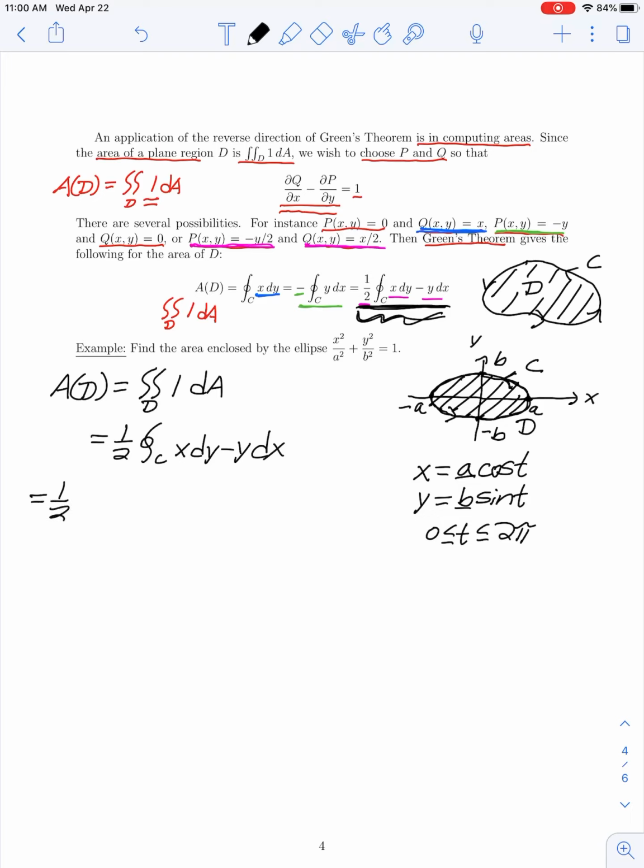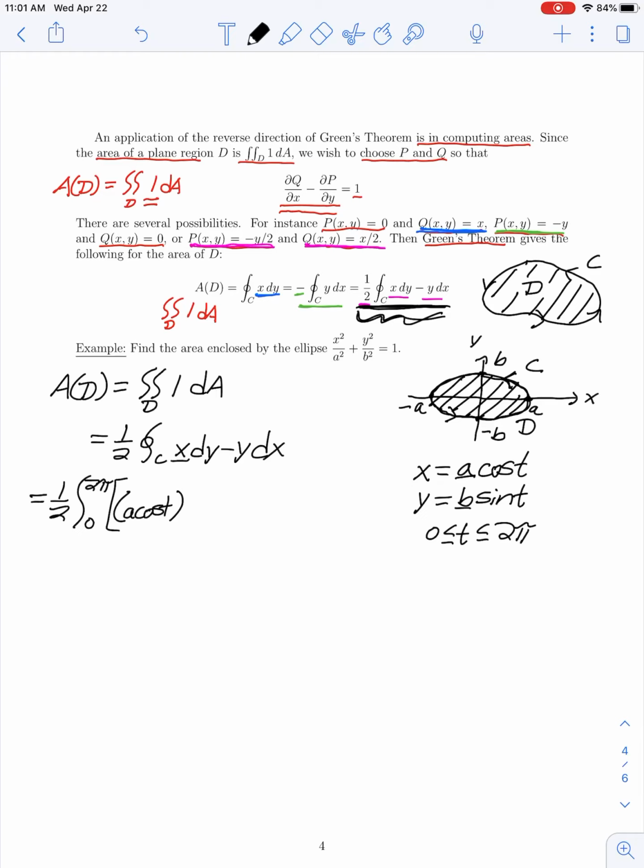So we had out in front a constant of 1/2. We're integrating over the t interval from 0 to 2 pi. And let's look at our integrand. So the first part was x, which is given by a cosine of t, times dy.